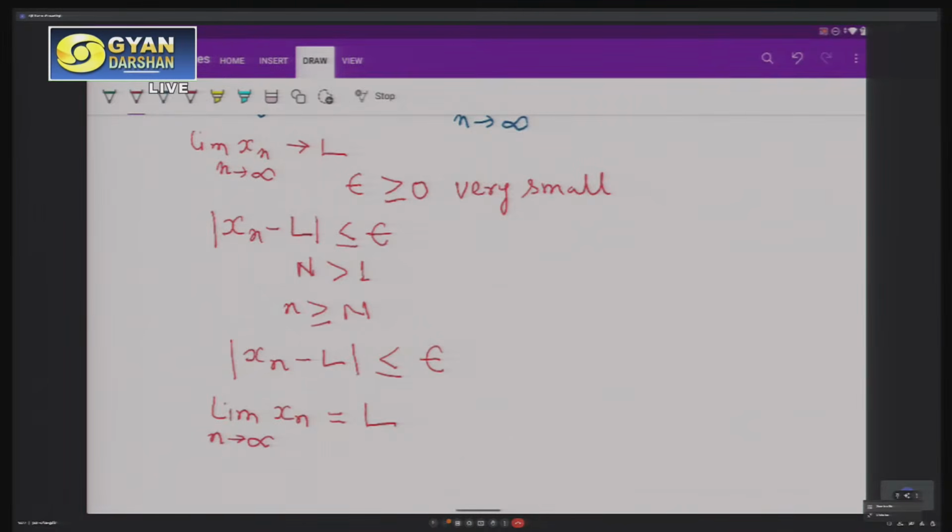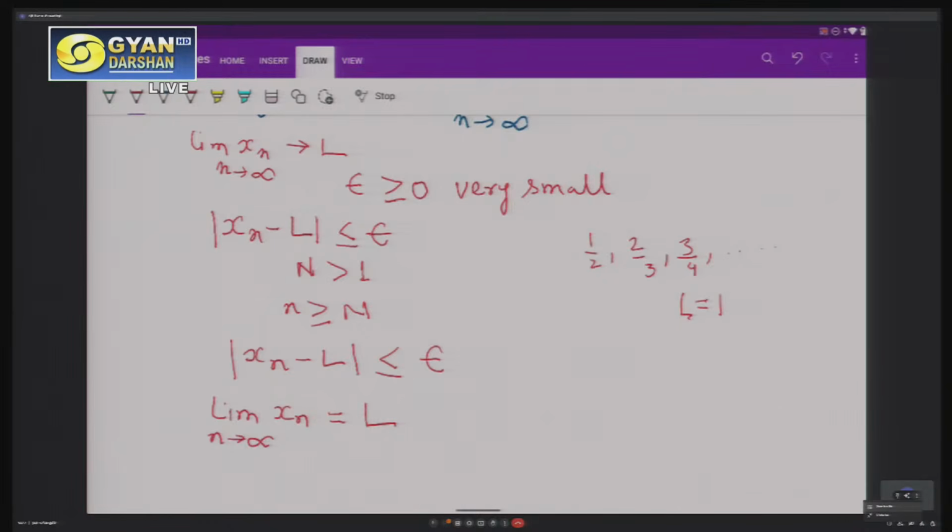because as n increases, you just understand it that a series is there, 1 by 2, 2 by 3, 3 by 4, and so on. As n increases, the difference between the nth term xn and L is going to decrease. Here L is 1, because it is approaching 1.